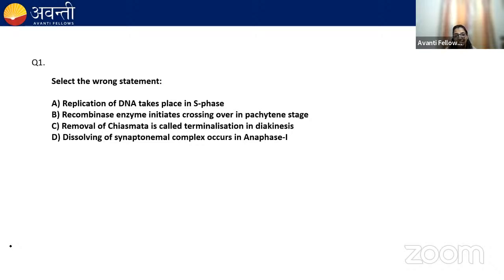What do you think? Which one is the wrong statement? Try to recall the stages of prophase 1 of meiosis 1.